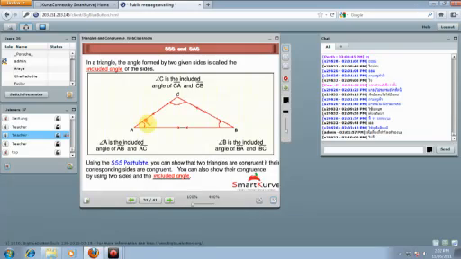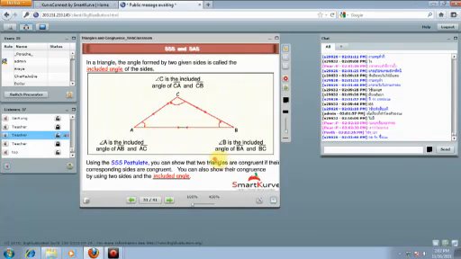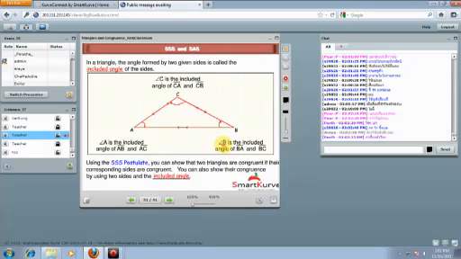Angle A is the included angle of AB and AC. The two sides of the triangle on either side of the angle cause this to be the included angle. And we see that angle B is the included angle of side BA and side BC.